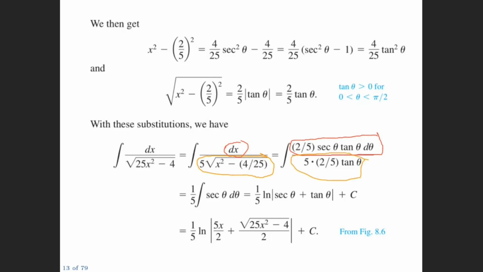When we do the substitution, we replace this by 5 multiplied by 2 over 5 tan theta. And most of these terms are going to cancel. Tan cancels with tan, 2 over 5 cancels with 2 over 5. We're just left with sec theta over 5. So we're left with an easy integral. I'll skip ahead.